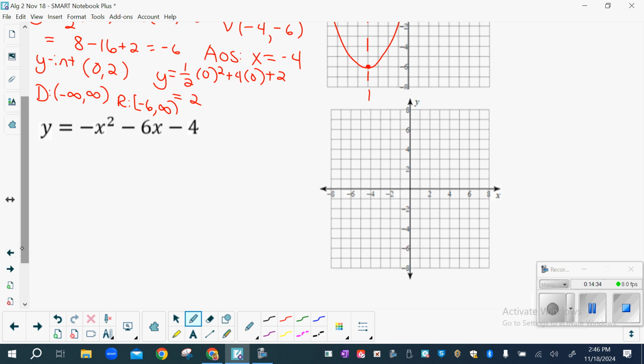This is the last part. Did you get 5? That's the one thing you got. So it's domain. I told you the x equals formula that you gave me. X equals 2.